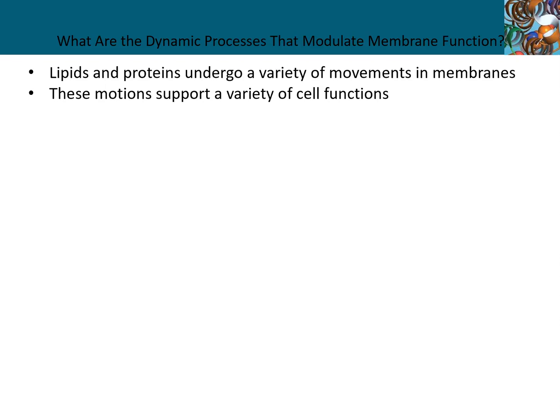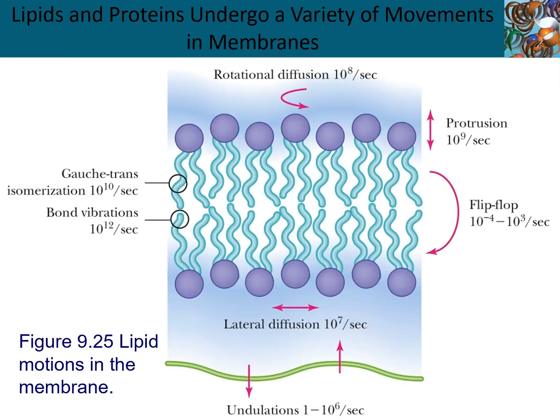The membrane is not rigid, it is highly dynamic, it's highly variable, and it's highly subject to regulation, which allows it to perform its functions that we talked about in the very first slides, which are very diverse and essential for life. So this is a really nice picture which shows some of the types of motion the lipids can have within a membrane and how it can cause undulation.